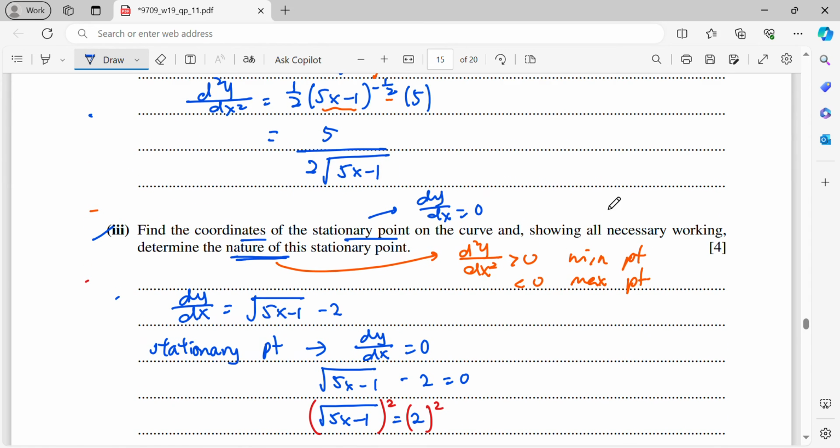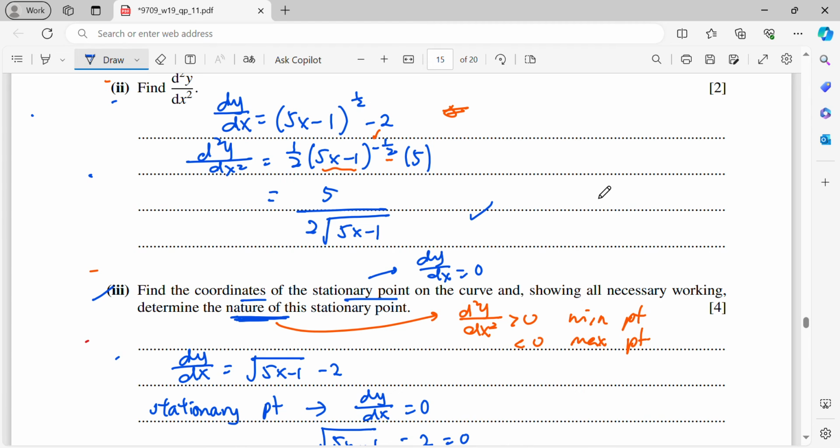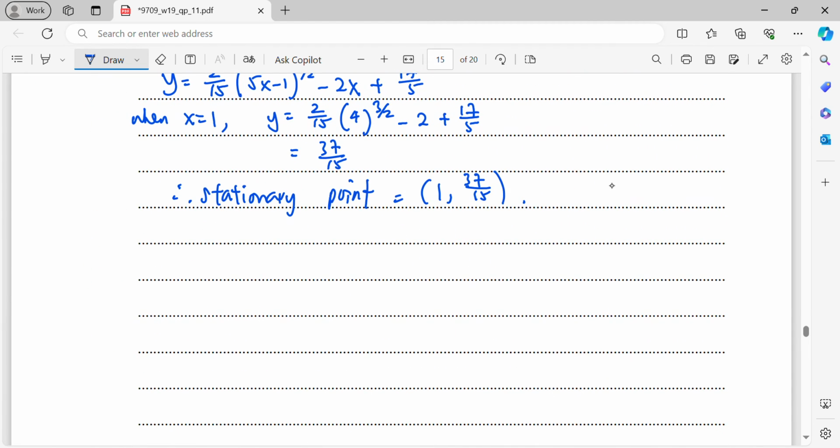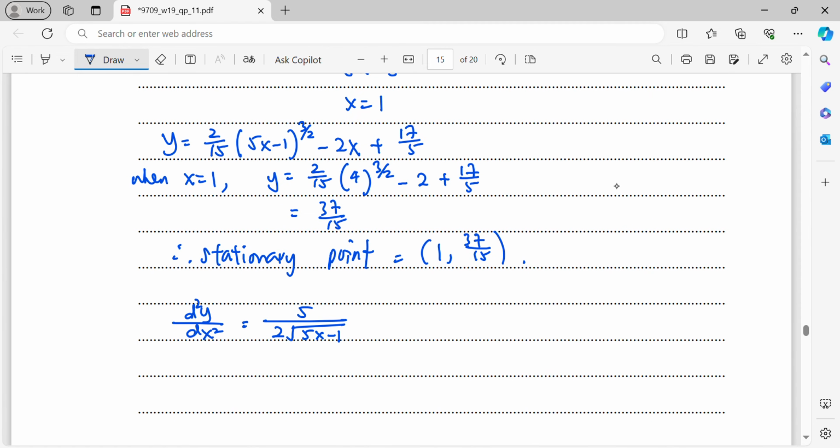Okay, now when you look at the question, the second part is nature. So now I will rewrite this d squared y over dx squared. That is 5 over 2 square root of 5x minus 1. Now replace the x by 1. So at (1, 37 over 15), my second derivative is 5 over 2 square root of 5 minus 1.